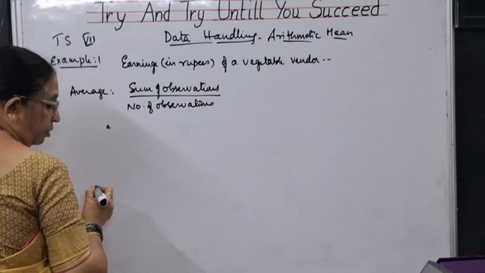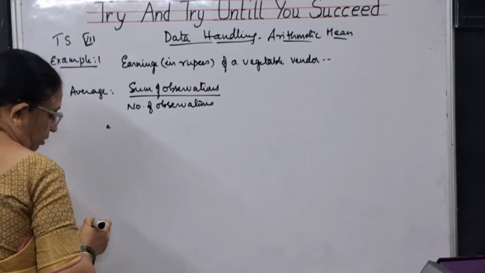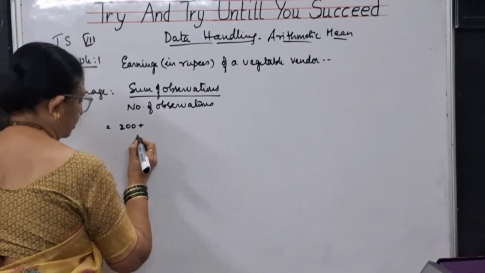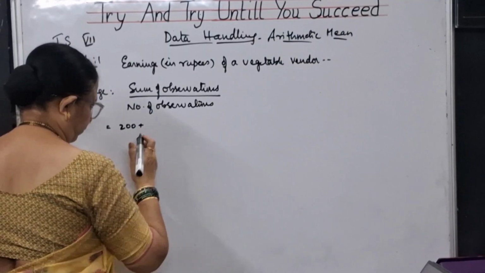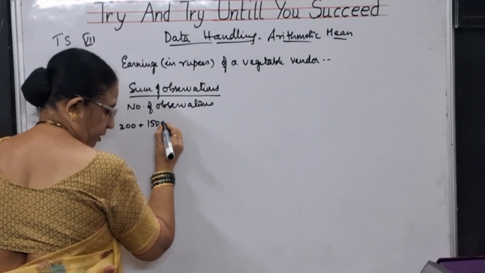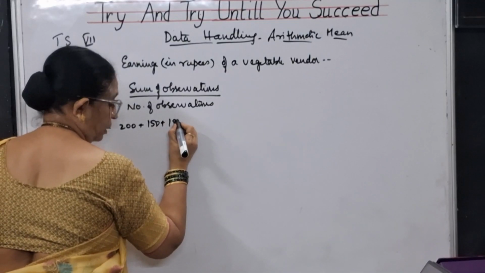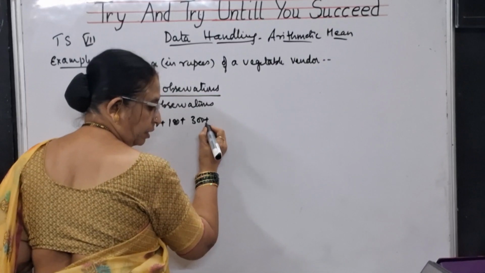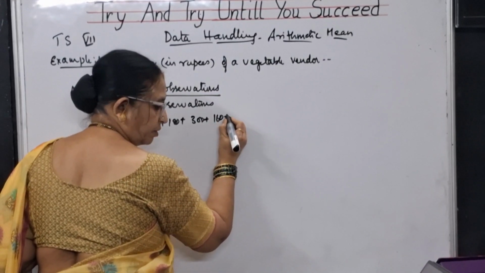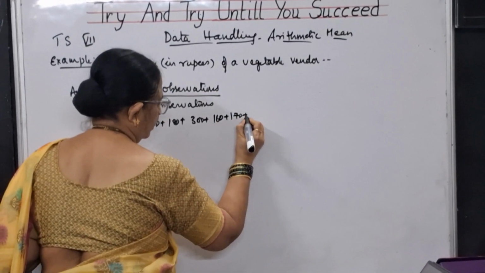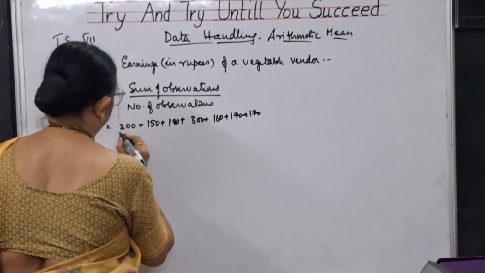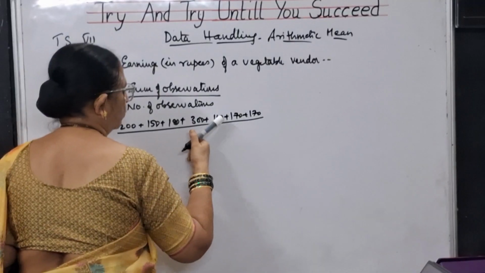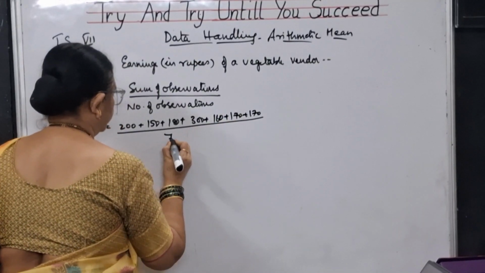So what is the sum of observations you have got? 200 plus 150 plus 180 plus 300 plus 160 plus 170 plus 170, divided by 1, 2, 3, 4, 5, 6, 7.